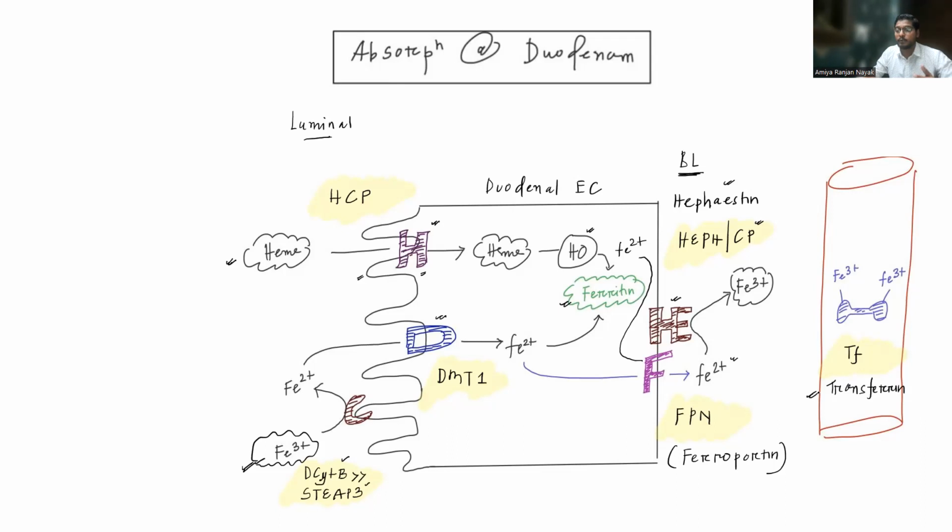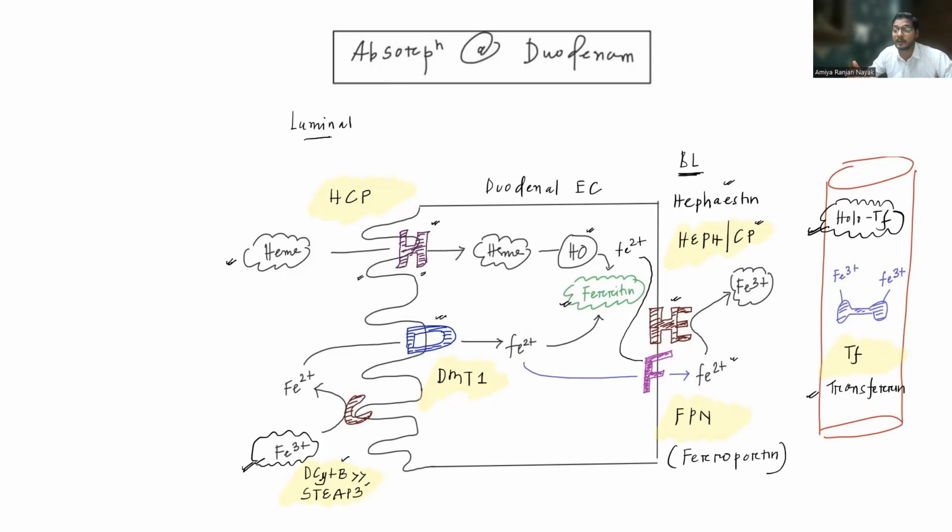Once two ferric molecules are attached to transferrin, this is known as diferric transferrin, or otherwise known as holotransferrin. Holotransferrin is nothing but diferric transferrin. Now this holotransferrin can circulate in the blood and provide iron to various cells.